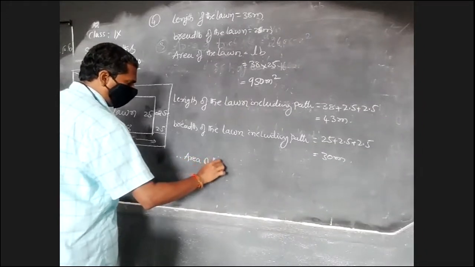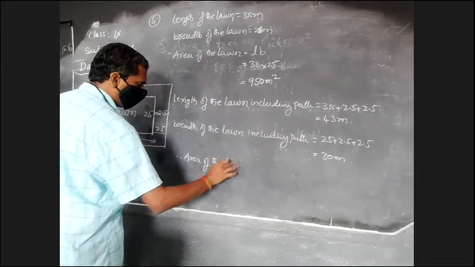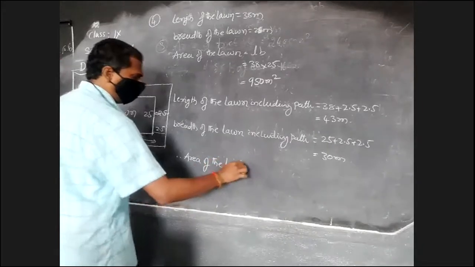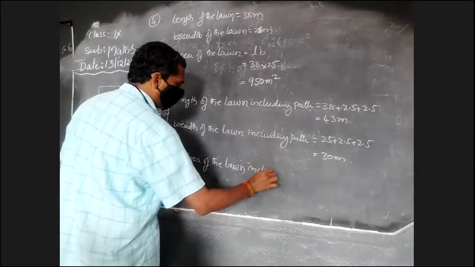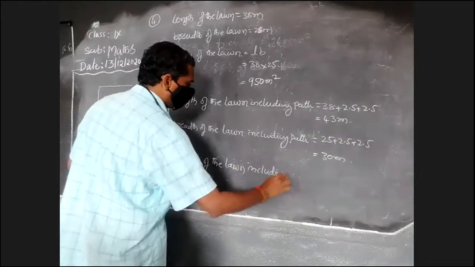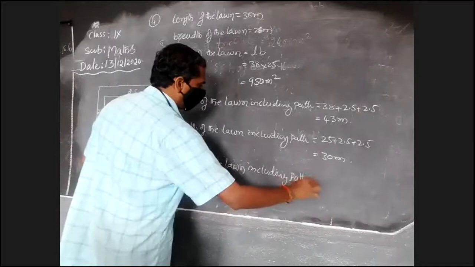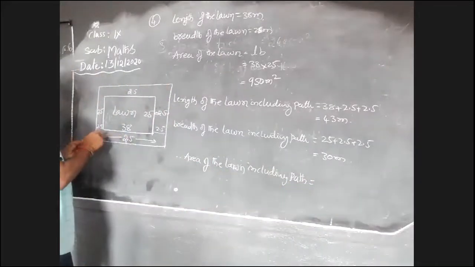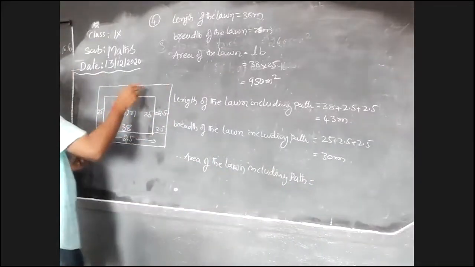Next, area of the lawn, including path. What is the new area of this one? It is 43 meters and 30 meters.